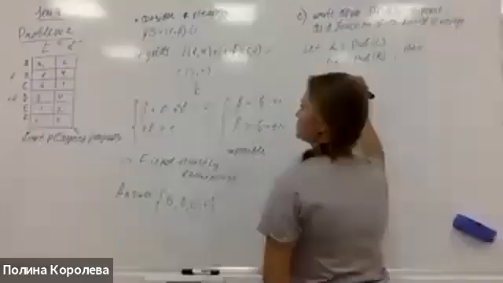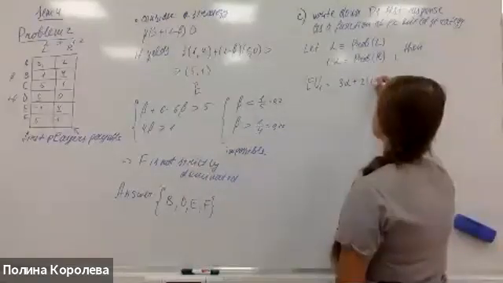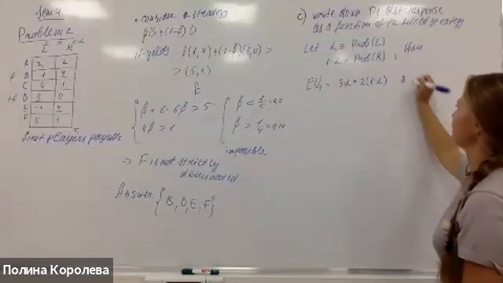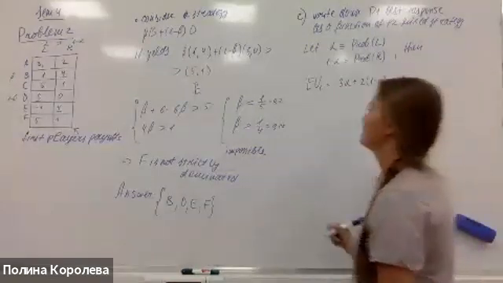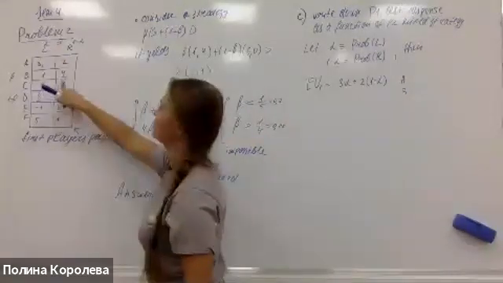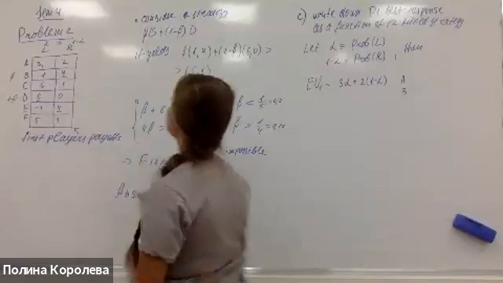So expected payoff: 3 alpha plus 2 times 1 minus alpha. This if the first player plays A. If he plays B, 1 alpha plus 4 multiplied by 1 minus alpha.